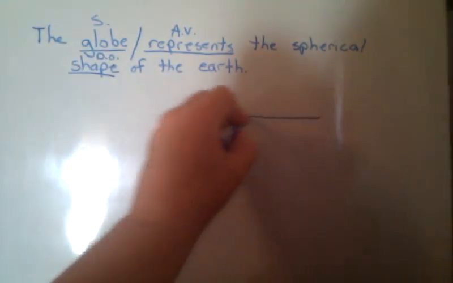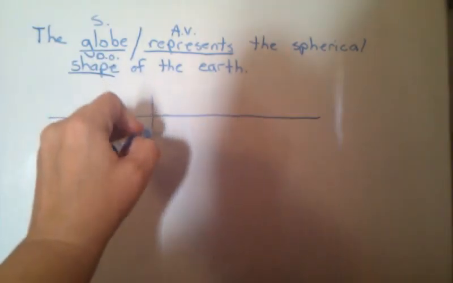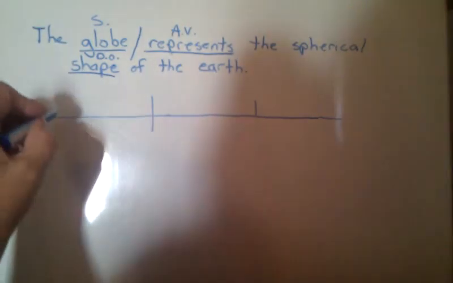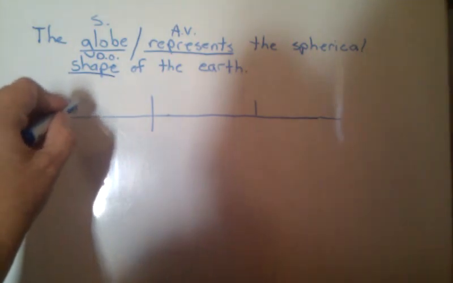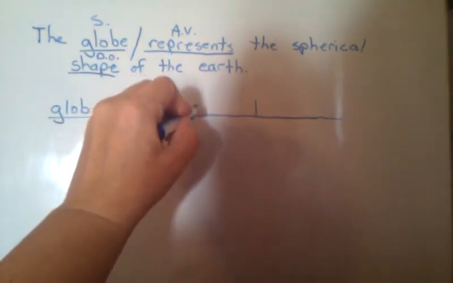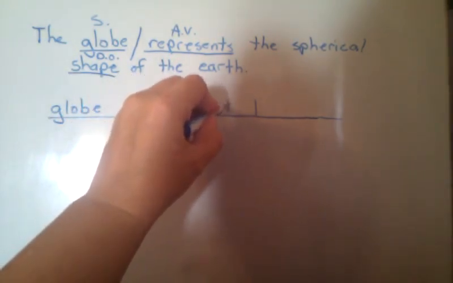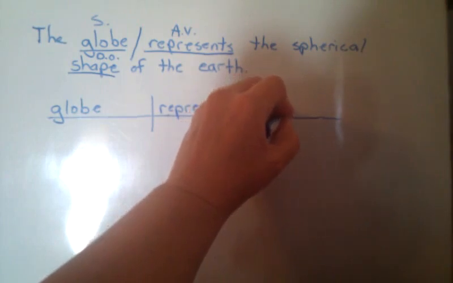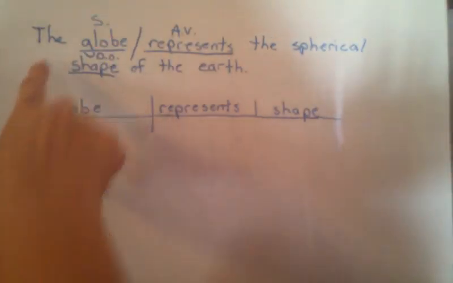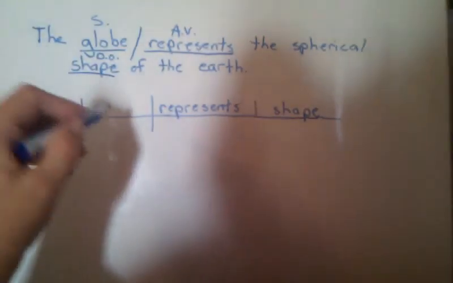So let's do my diagram. I have a direct object. So globe represents shape. Now, do I have any describing words? Look at globe. The. The is always an adjective.